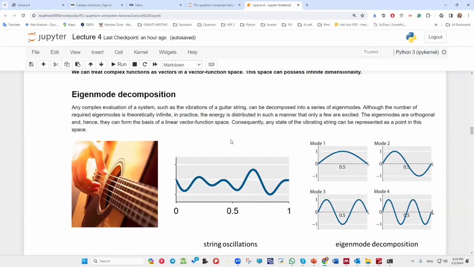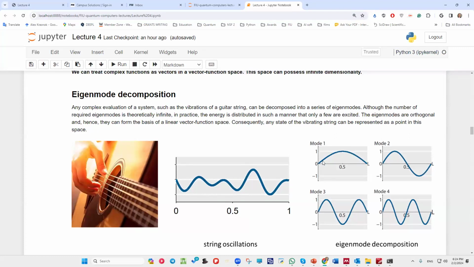Any physical system, I mean, it's hard to find an example of the opposite, right? Any physical system in reality, regardless of the nature, like atom, guitar, resonator, radio, antennas, literally anything, can be described by eigenmodes.